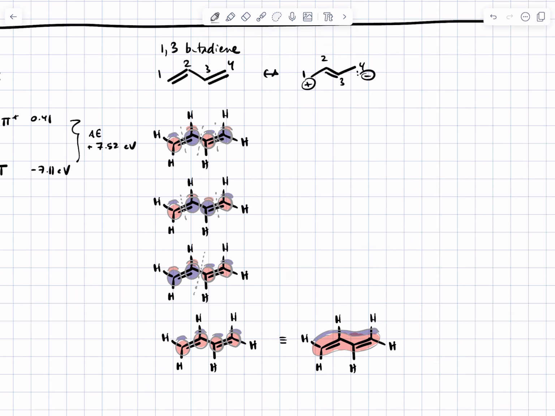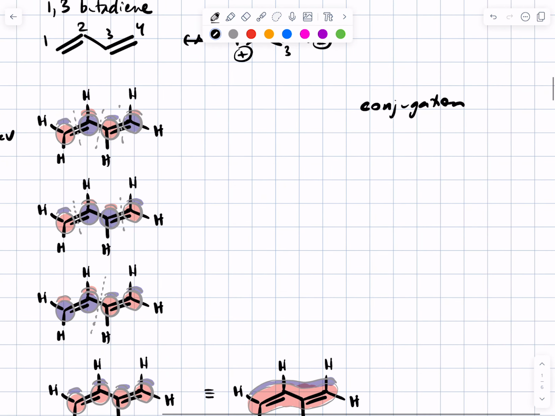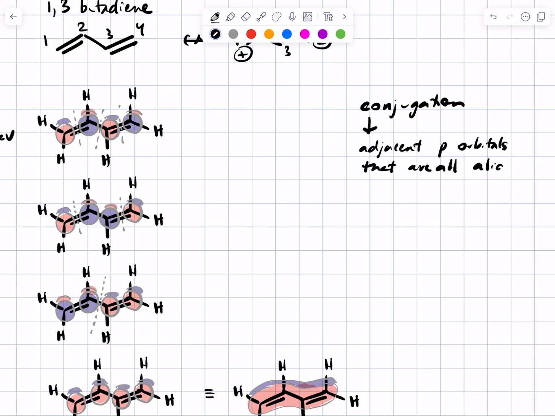When you hear the term conjugation, it's a term related to resonance, but conjugation is when you have adjacent p orbitals that are all aligned with each other.